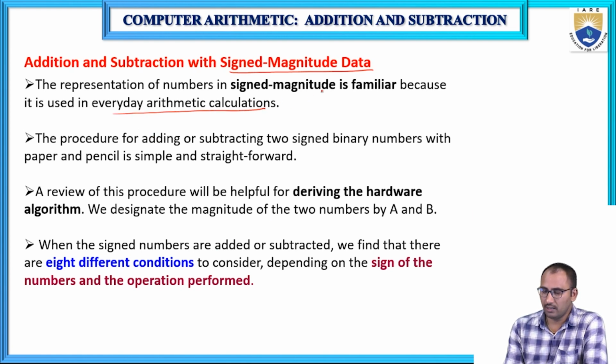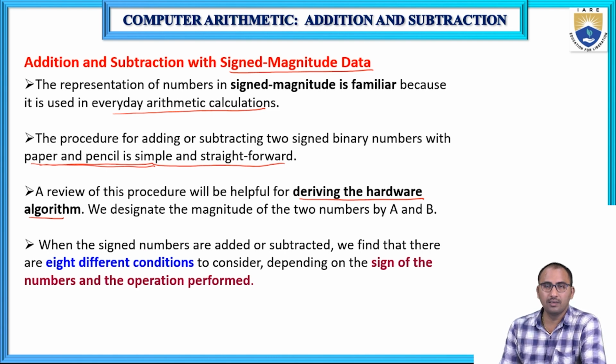The procedure for adding and subtracting any two numbers, which is similar to paper and pencil, is simple and straightforward. A review of this procedure will be helpful for deriving the hardware algorithm.